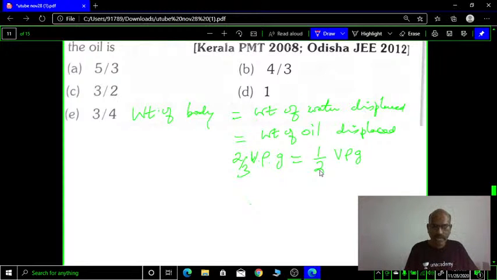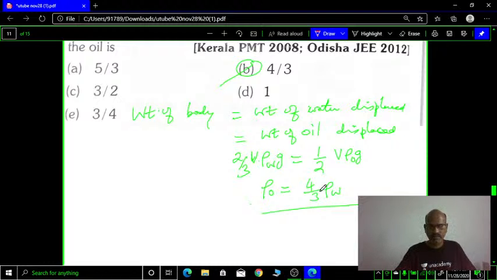Here we need to find only the density of the oil. Here it is the density of water. Right? Remaining all will be cancelled. So, rho oil, the density of the oil, cross multiply, you will get 4/3 density of water. So, option B is the correct one.